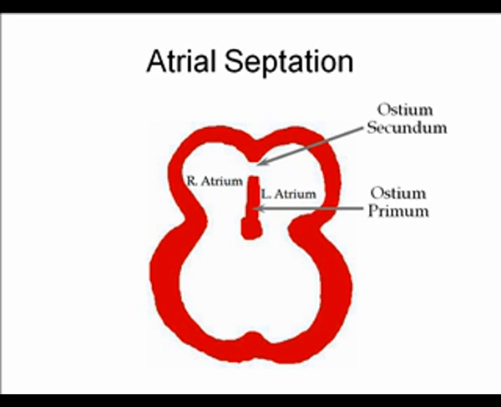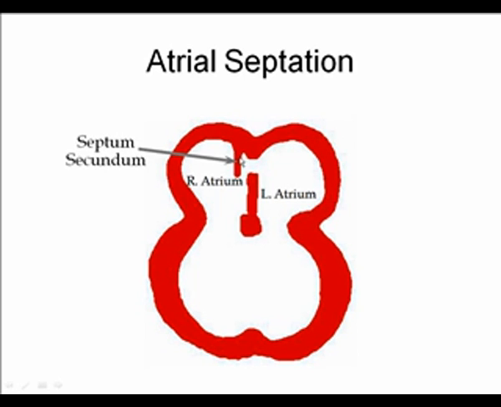The next thing that's going to happen in atrial septation is that we're going to get another septum forming. It's the second septum, and we'll call it septum secundum. That's going to leave an oval-shaped foramen to the right of the septum primum.